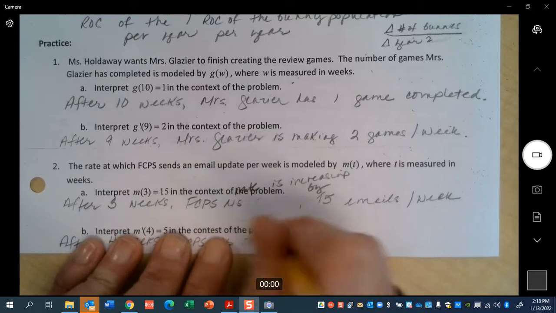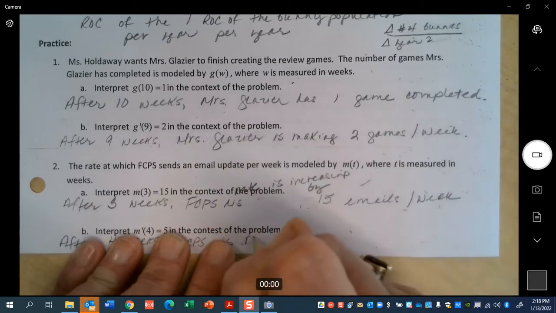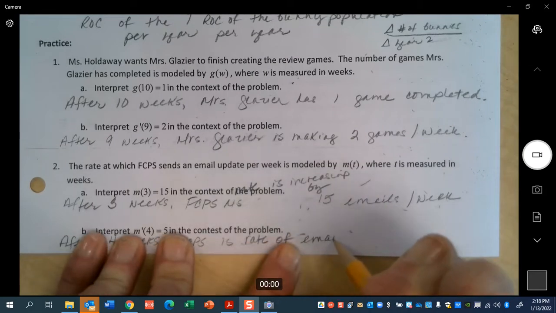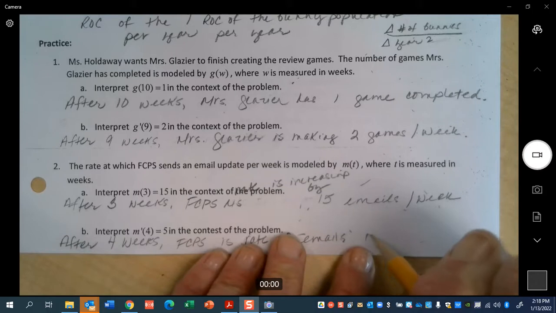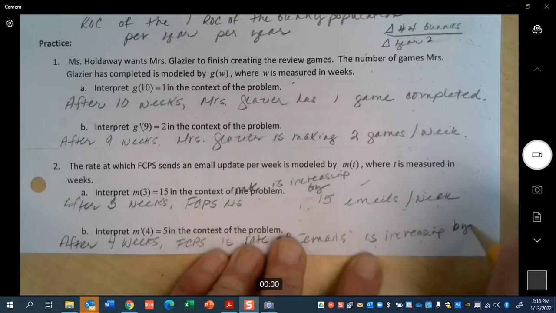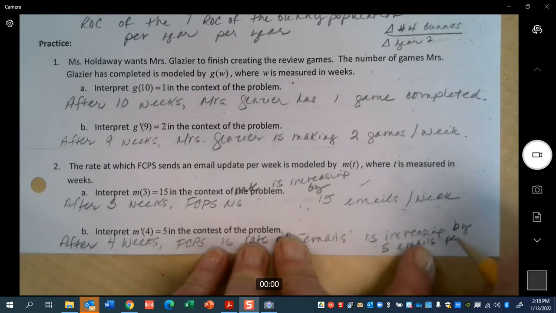FCPS's rate of emails. How do I know it's increasing? By 5 emails per week.